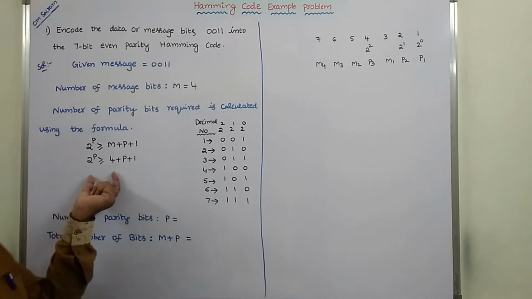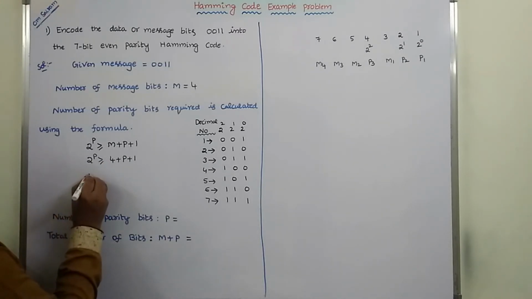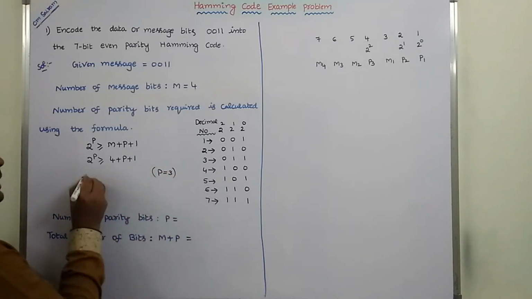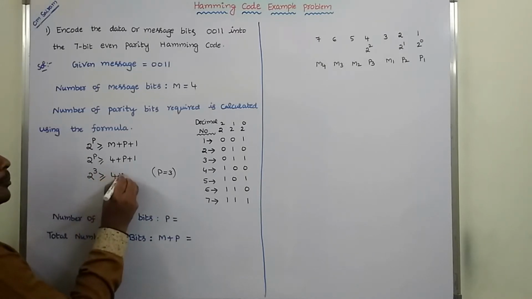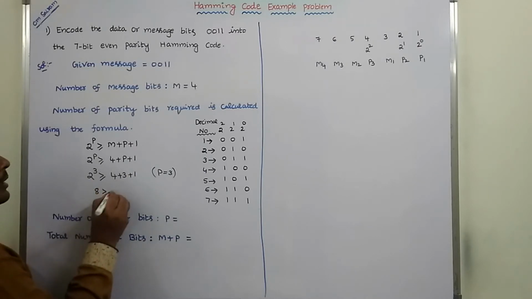So to satisfy this condition, what is the value of p we are getting? Suppose we take p equal to 3, then 2 power 3 greater than or equal to 4 plus 3 plus 1. So that is 8 greater than or equal to 8.